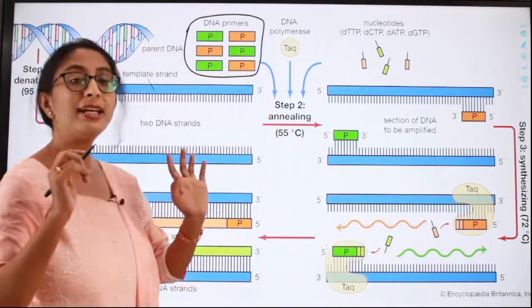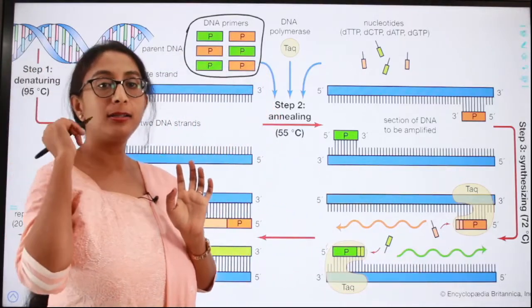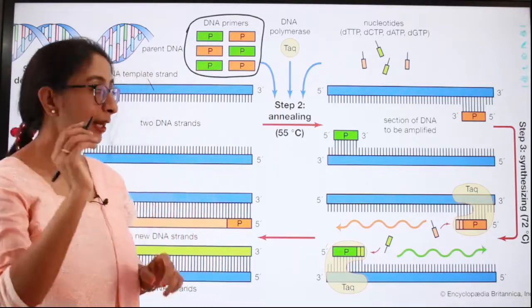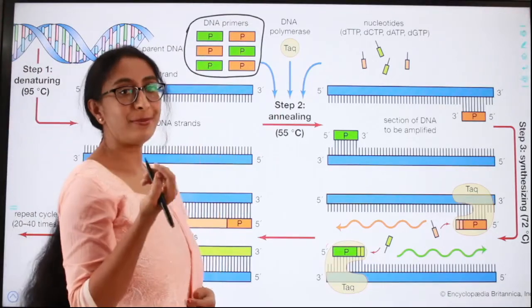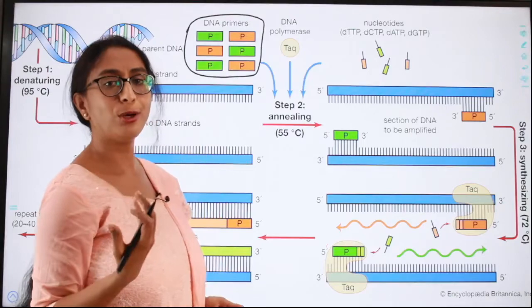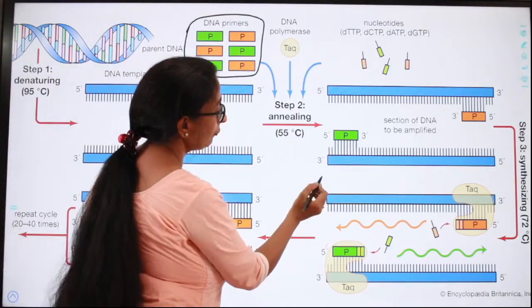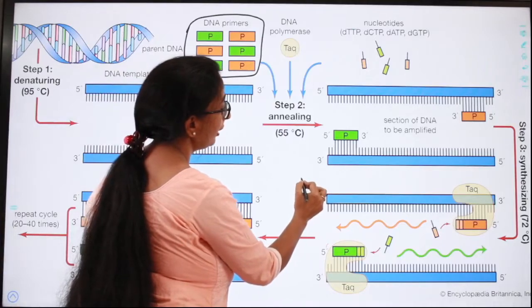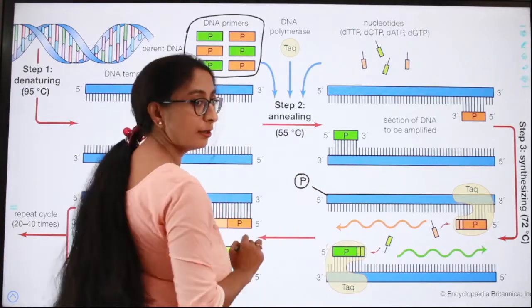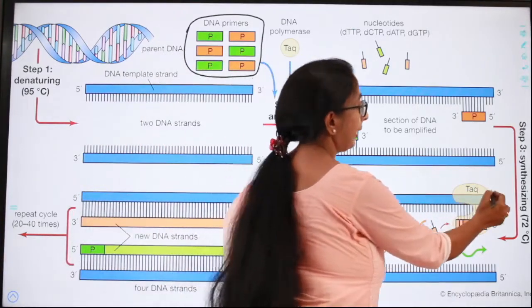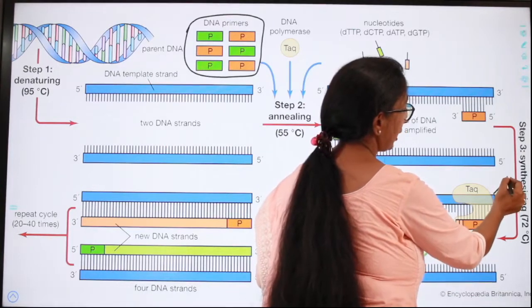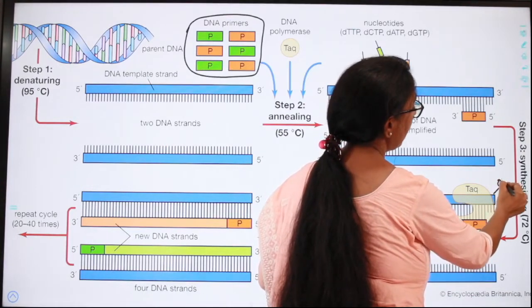DNA polymerase can synthesize DNA only in one direction, that is the 5' to 3' direction. Remember this. And we know what 5' and 3' are, right? At the 5' end, on the 5th carbon atom, we have a free phosphate group, and on the 3' end, at the 3rd carbon atom, we have a free hydroxyl group.